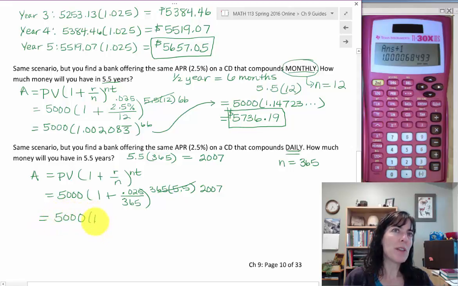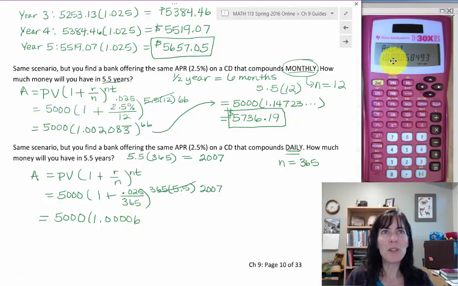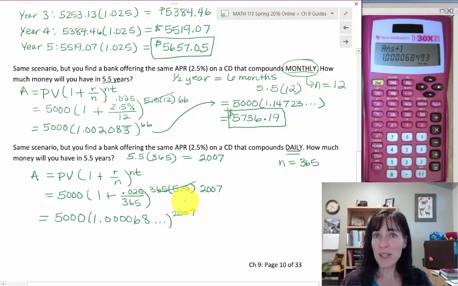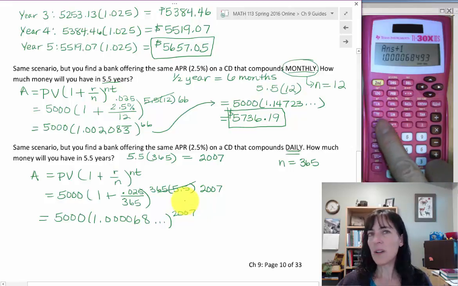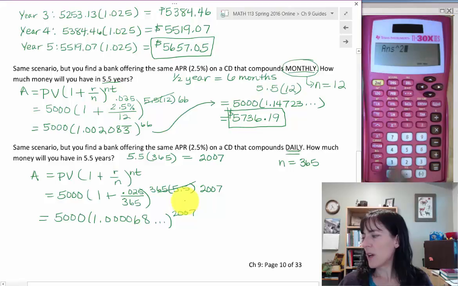And inside the parentheses, I have 1.000, 4 zeros, 6, I'm counting them, 1, 2, 3, 4 zeros, and then 6, 8. And it goes on. I'm not going to write it all, to the 2007th power. 2007th comes next, so to the 2007, and then an equals.